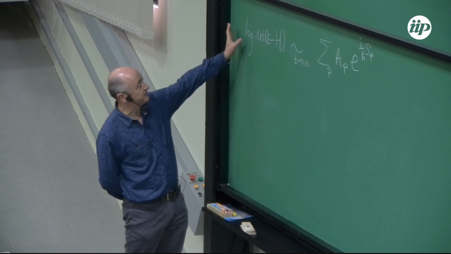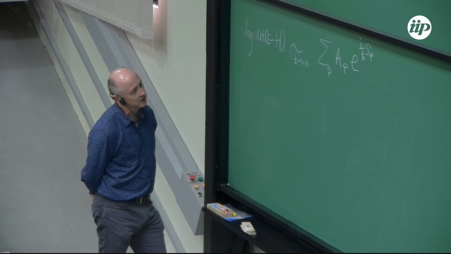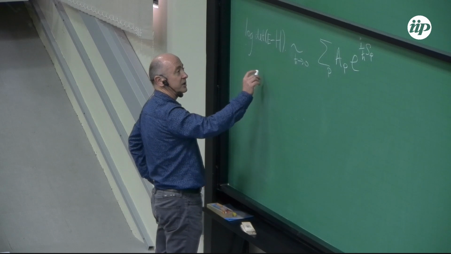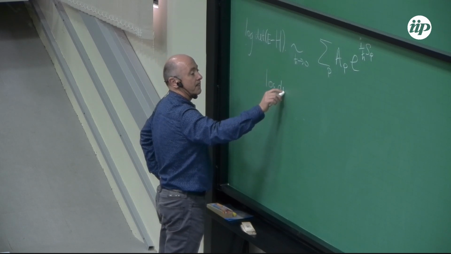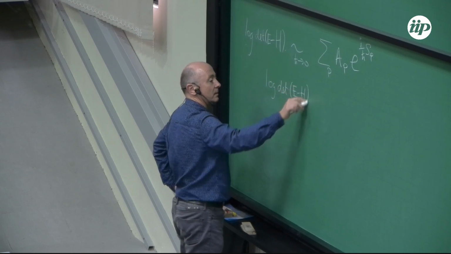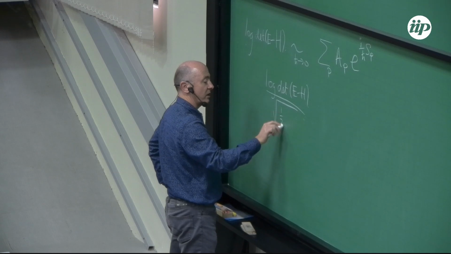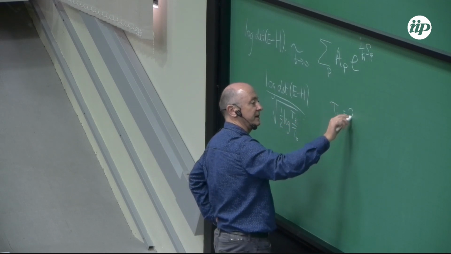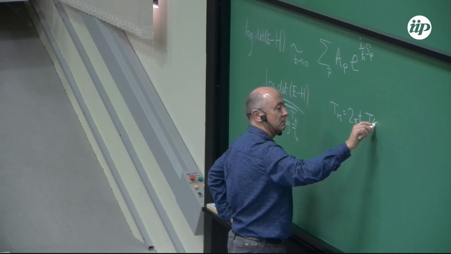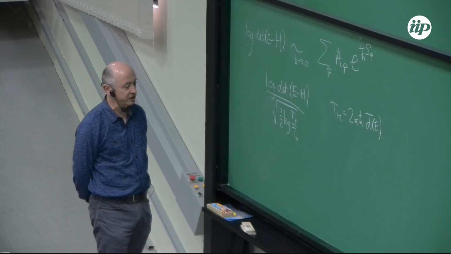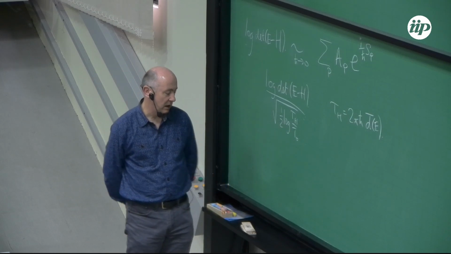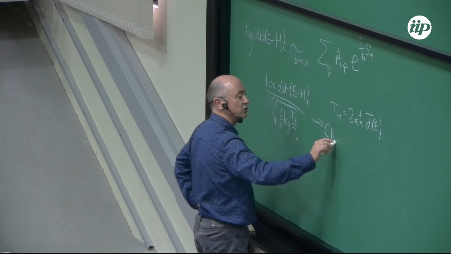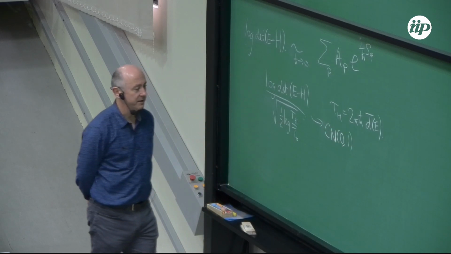And so if we assume that, we might expect that the statistical behavior of the log of the determinant is the same as that of the log of the characteristic polynomials of random matrices, and that leads you to a prediction that the log of the determinant, if you normalize by the square root of a half log T_H over T_0, where T_H is the Heisenberg time conjugate to the mean level separation, and T_0 is any canonical classical short time scale, for example, the length of the shortest periodic orbit, will converge to a complex normal random variable with mean 0 and variance 1 in the limit as h bar tends to 0.